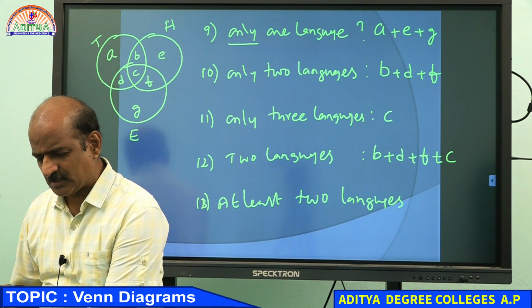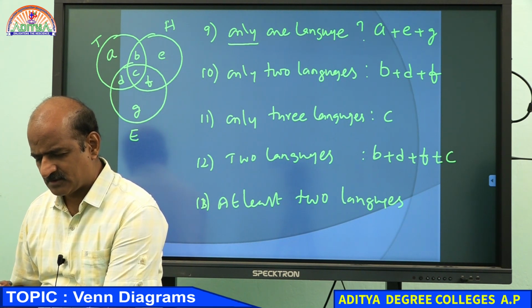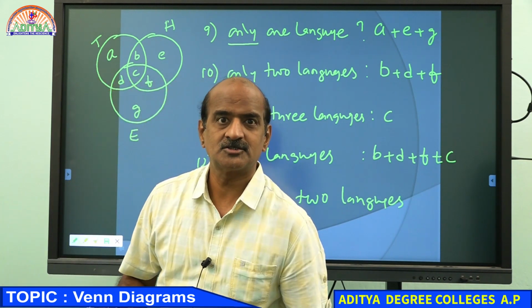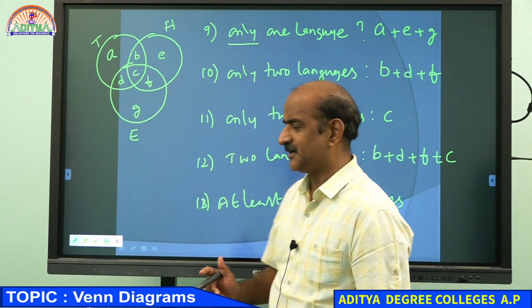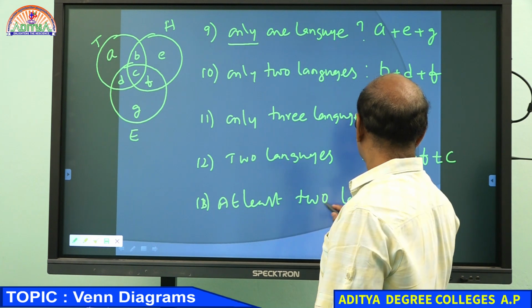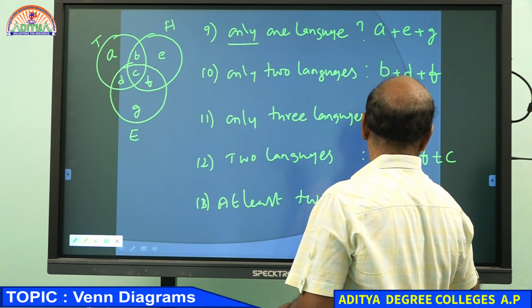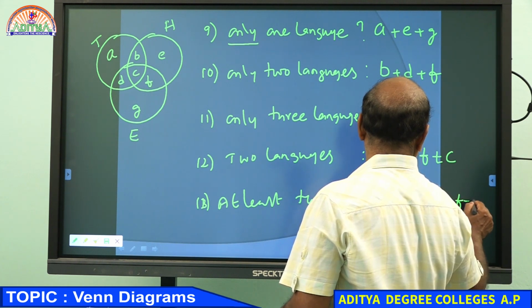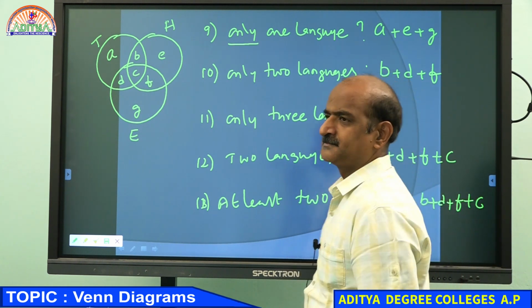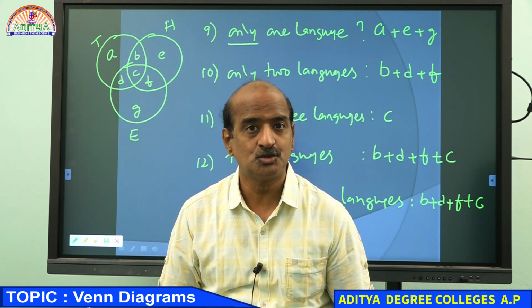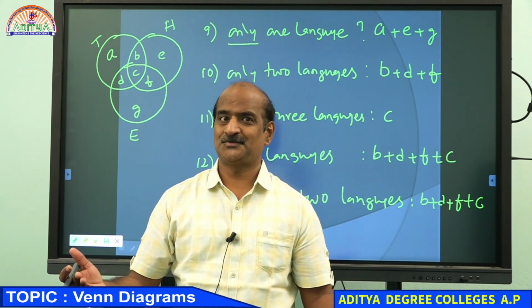When I say two languages, I never mean that any other language should not be added. We can also add C. At least two languages: once again, B, D, F and C. At least two in the sense, two or more than two.